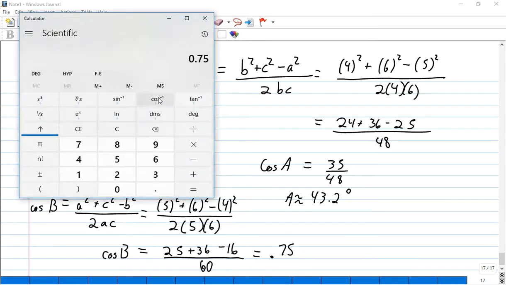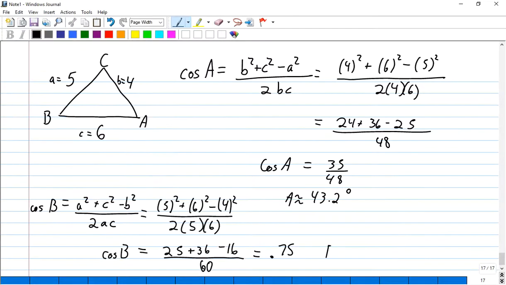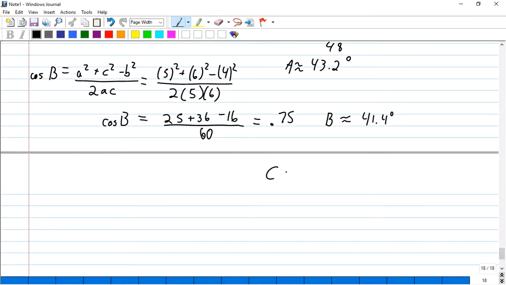Now we want to do inverse cosine again, and that gave us 41.4. So angle B is about 41.4 degrees. So we've solved for angle A and angle B. And so angle C has to be equal to 180 degrees minus 43.2 degrees minus 41.4 degrees.